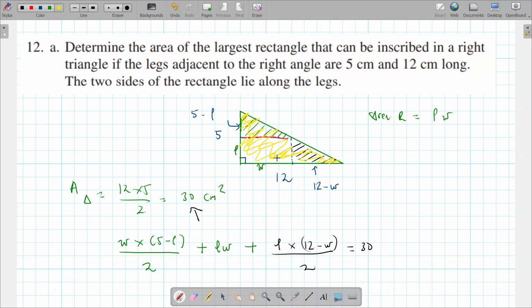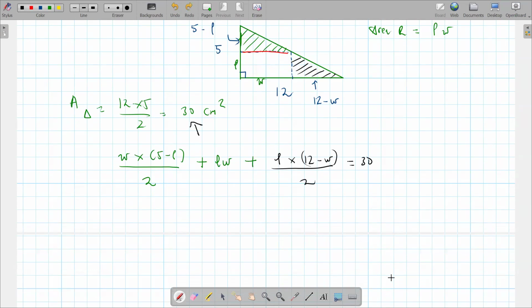All right, now we need to solve this equation, either for L or for W. I'm going to take the LCD, which means the entire denominator is 2. So I just need to multiply both sides by 2. That'll give me a 60 on the other side.